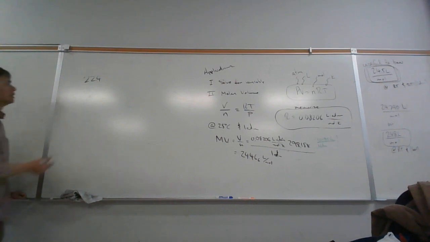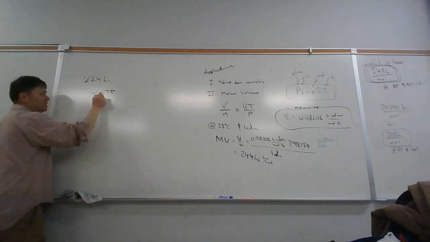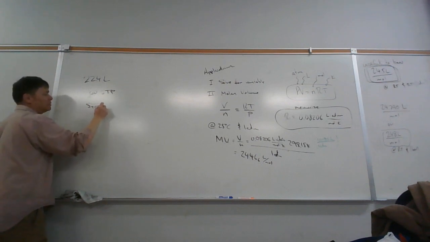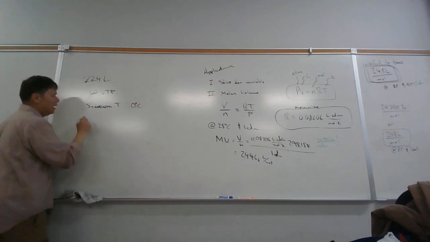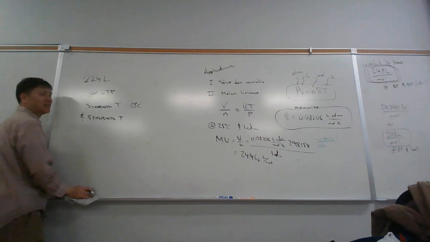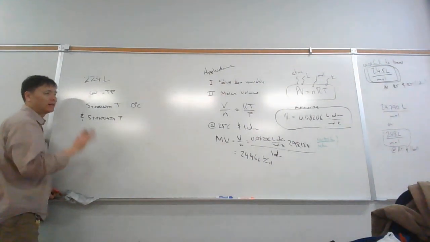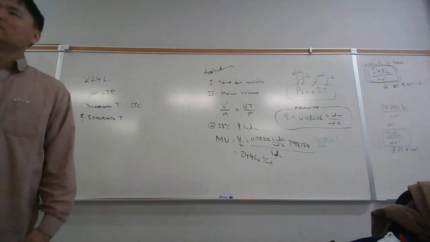But it's easy to calculate because this 22.4 liters is the molar volume at STP. STP stands for standard temperature and pressure. And what is standard temperature? 0 degrees Celsius. And standard pressure. Now, standard pressure depends. This is why I get it mixed up, because they switched it. It used to be standard pressure was 1 atmosphere.